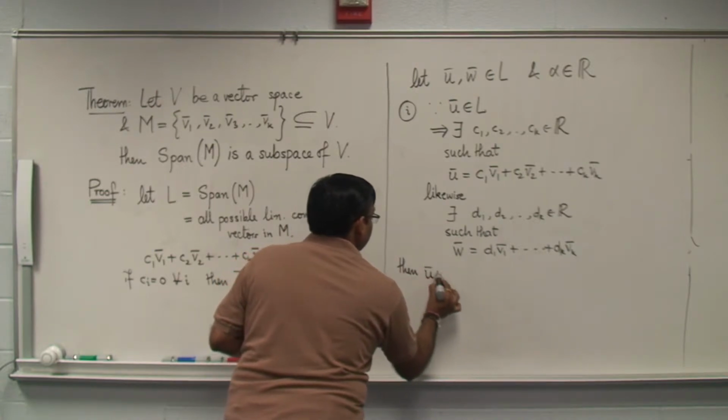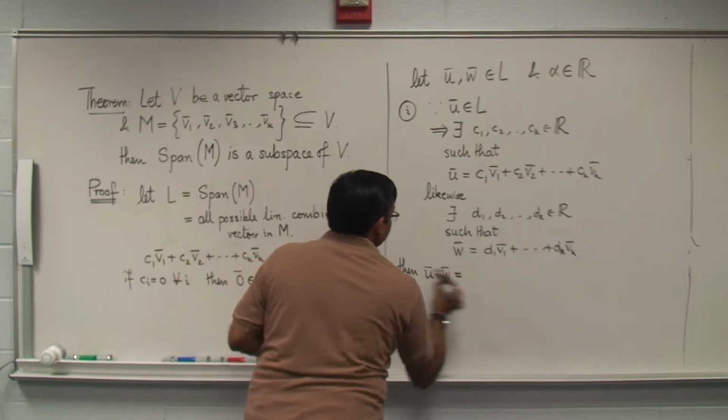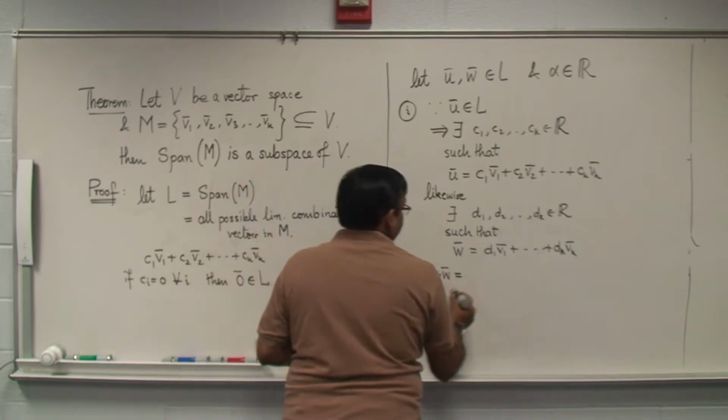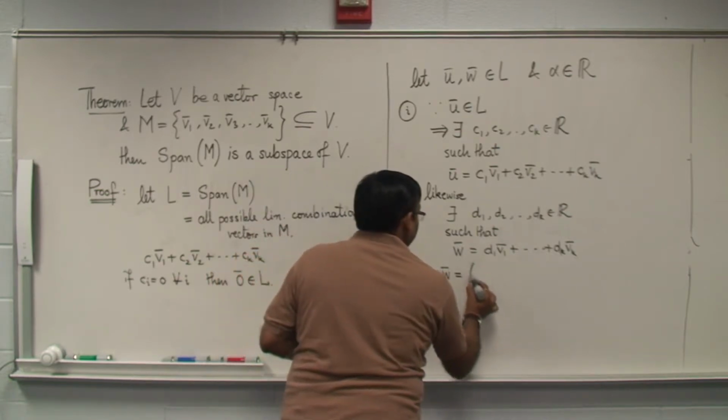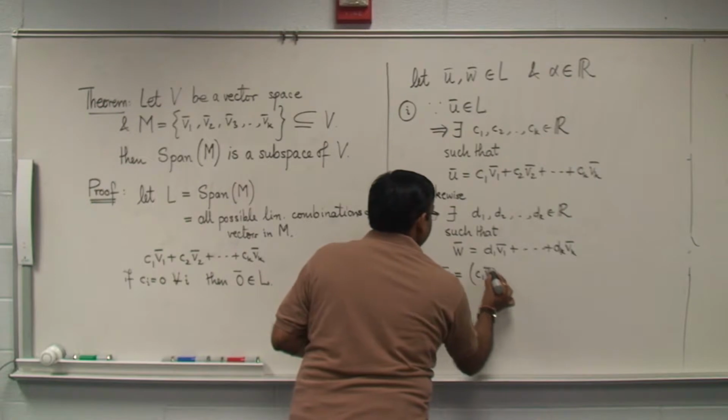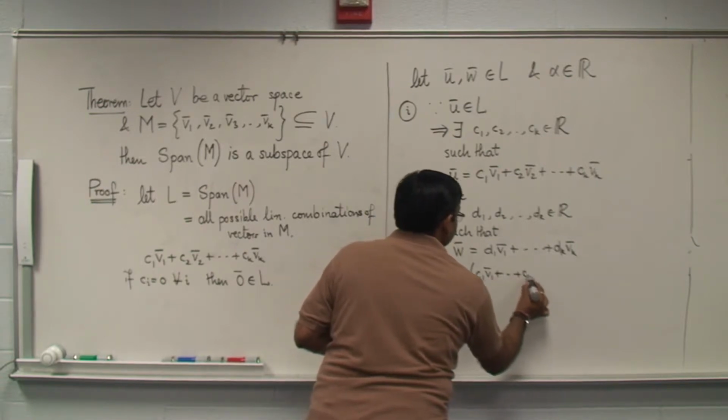Now notice, if I add these two, u plus w, then this would be simply adding these two linear combinations.